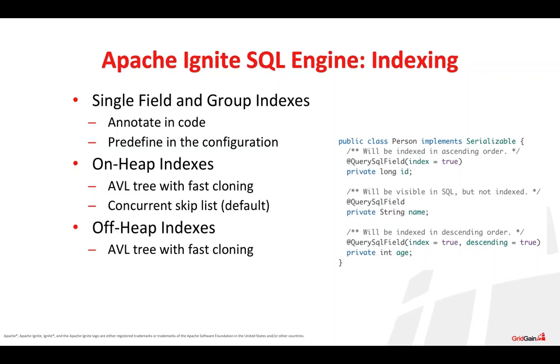As you see, there is not a lot of choice, but in any case, the AVL tree with fast cloning in off-heap mode shows perfect performance results, and it shouldn't prevent you from using off-heap rather than on-heap.